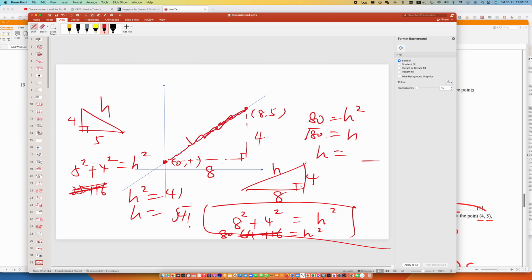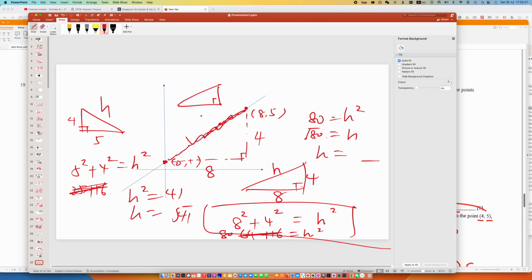Simple? So this is something that is a bit, I will not say it's out of your syllabus, but it's a bit more advanced. To find the length of 2 points, every time you make use of this right angle triangle. So if there is something you want to write down, it is this.